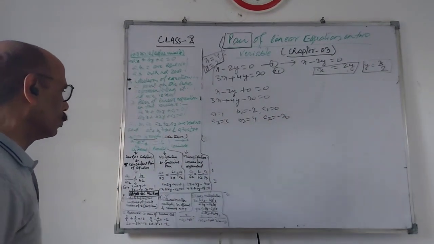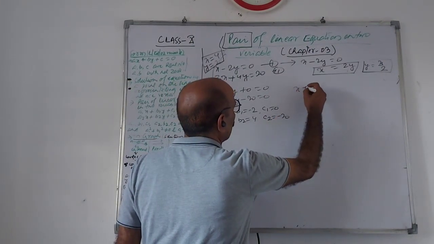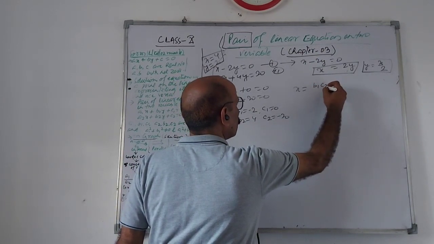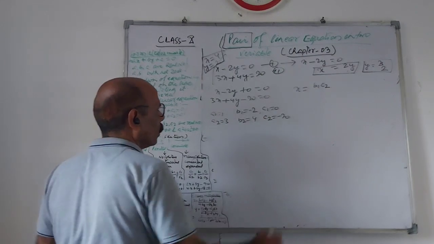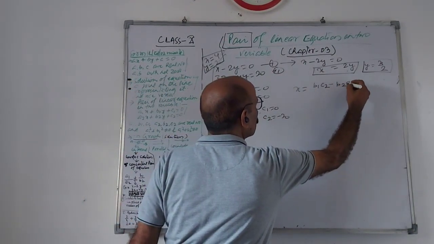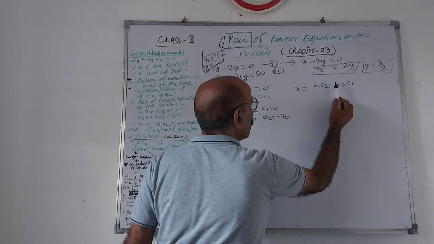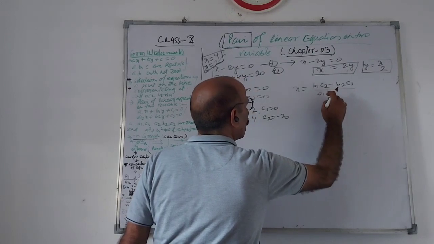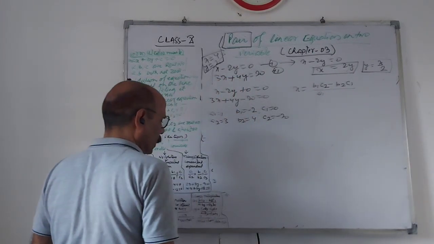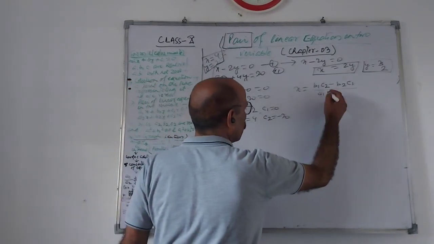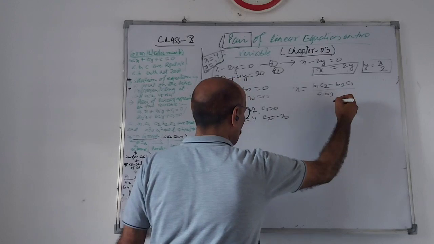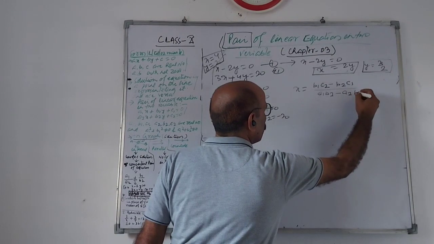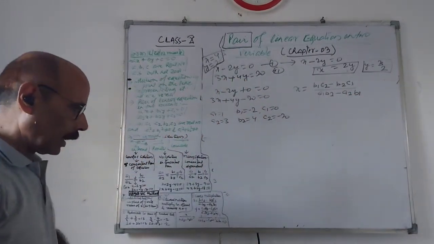And here you will use the formula. x is equal to b1 into c2 minus b2 c1, divided by a1 b2 minus a2 b1. Okay, x is like this.